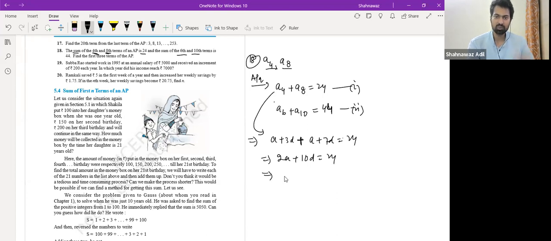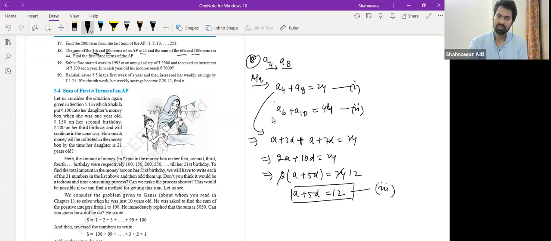So I should take 2 common, right, guys? If I take 2 common, this would be a plus 5d is 12. This is my, let's say, third equation.